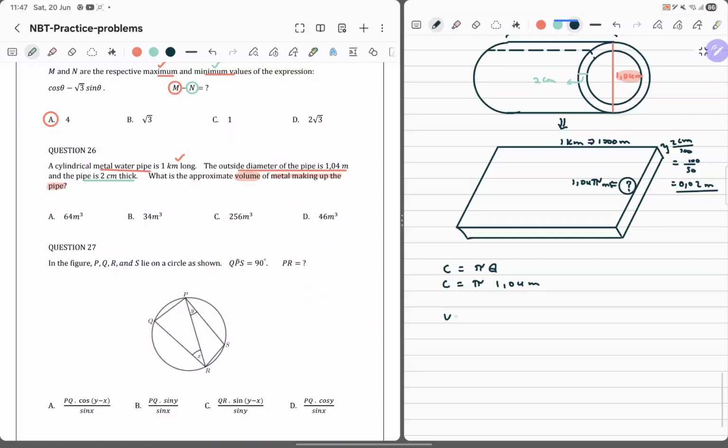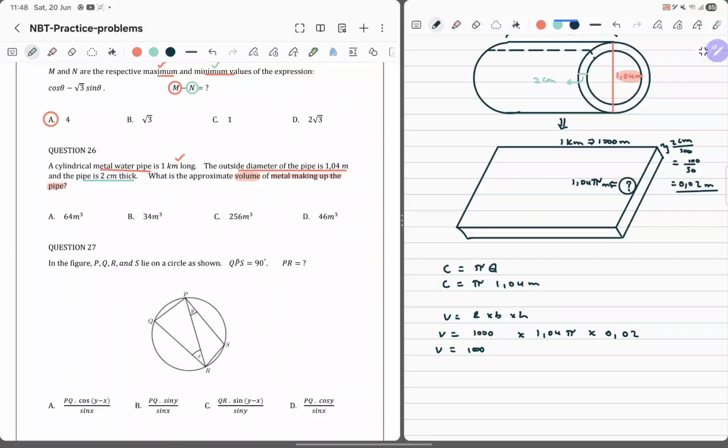We know that volume is going to be length times breadth times perpendicular height. The length is 8,000 meters multiplied by the breadth, which is 1,04 pi, multiplied by 0,02. Now let's continue. V is going to be 8,000.